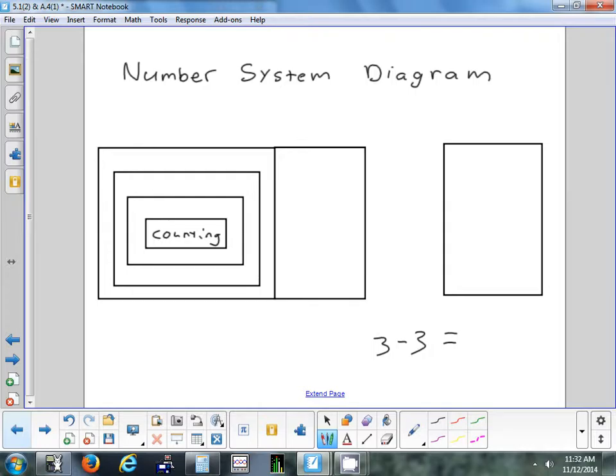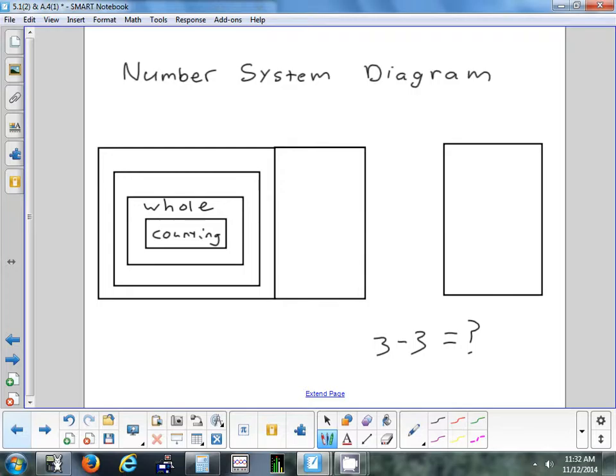No. So unless you're going to invent a new kind of number that means having nothing, you can't do 3 take away 3, not with just counting numbers. You need another type of number, and those are your whole numbers. Whole numbers allow you to do more kinds of calculations that you can't do if you don't have the number 0.